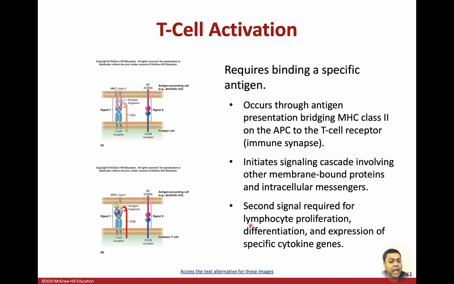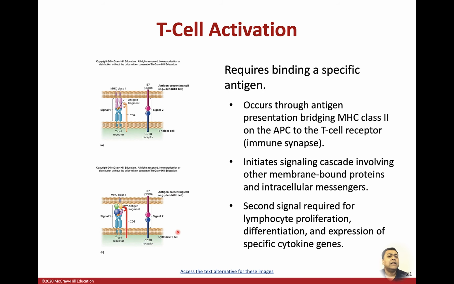On the other hand, to activate the immune system, you need a presentation of the MHC class 2 or MHC class 1 no matter what, but you need the B7 or CD80 as an additional signal, which is only present on antigen presenting cells, but not your normal nucleated cells. So antigen presenting cells can trigger the immune response, the second signal, or the cytokine response and the proliferation, but not a normal cell.